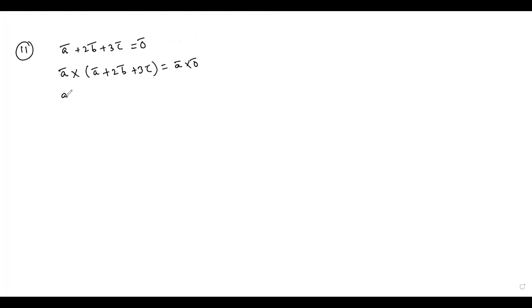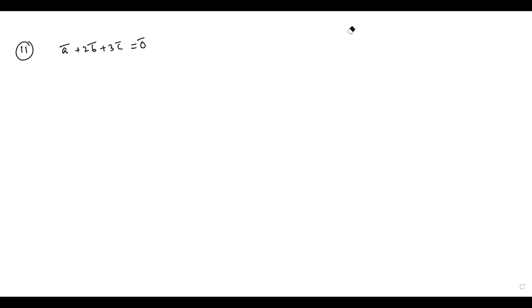Now a bar cross a bar plus 2 into a bar cross b bar plus 3 into a bar cross c bar. But is there any use in this case? No use, because in the answer we need a bar cross b bar and a bar cross c bar both in terms of b bar cross c bar. That's why it is better to do the cross product with b bar and c bar only.